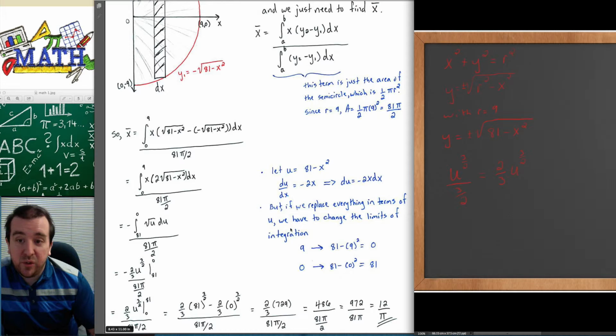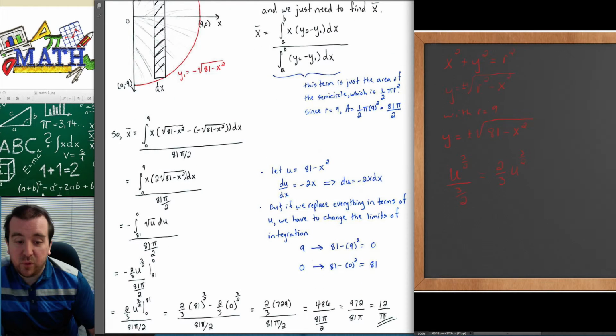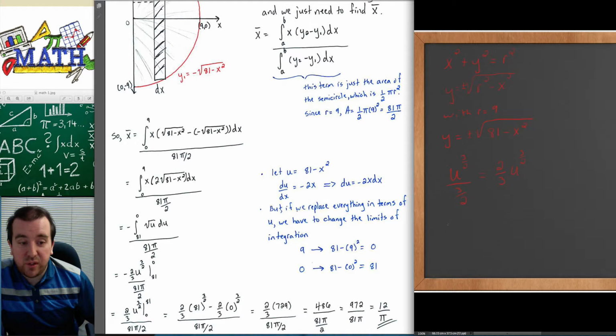Therefore, the centroid is going to be right on the x-axis at a point of 12 over pi. And just as a check, results in calculus have shown us that the centroid in x, when we're dealing with semicircles like this, is 4r over 3 pi. If there was a y bar, it would be the same thing, 4r over 3 pi.